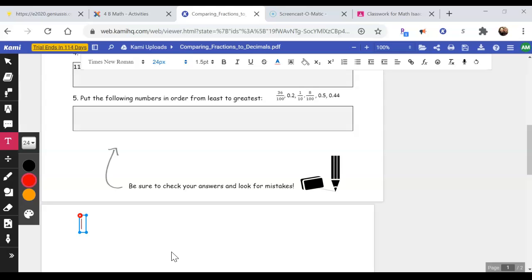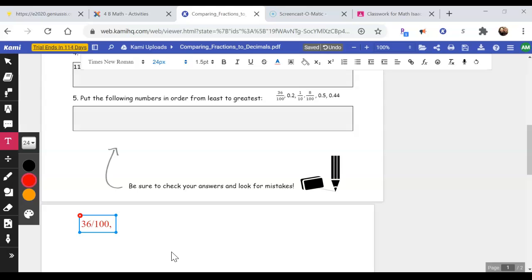So first you've got 36 over 100, so that's 36 hundredths. And then the next one is 0.2, which is 2/10. So we're going to convert that.